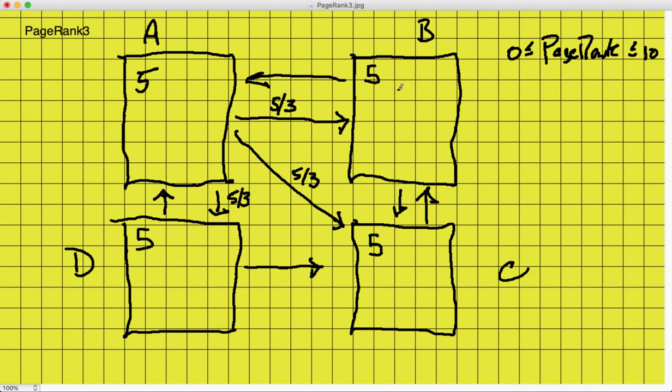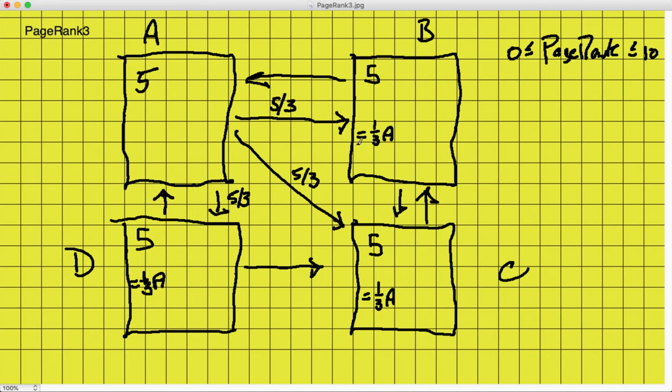So first of all, B's PageRank is equal to 1/3 of A. Likewise, C's PageRank is equal to 1/3 of A. And D's PageRank is also equal to 1/3 of A. Now, we're not done here, because now B has a PageRank of 5, and it has 2 links going out.